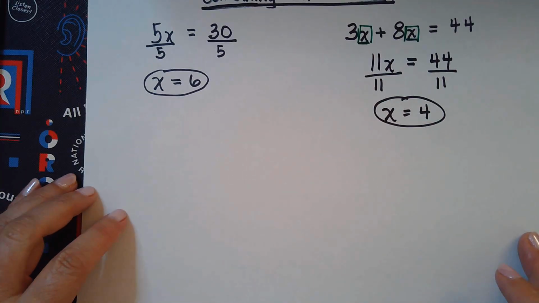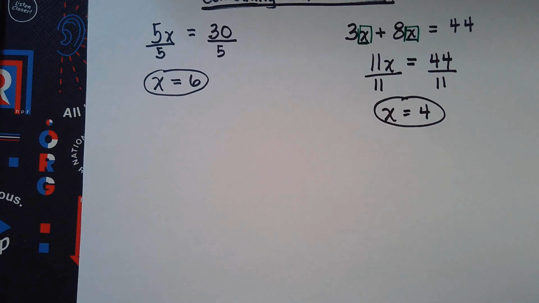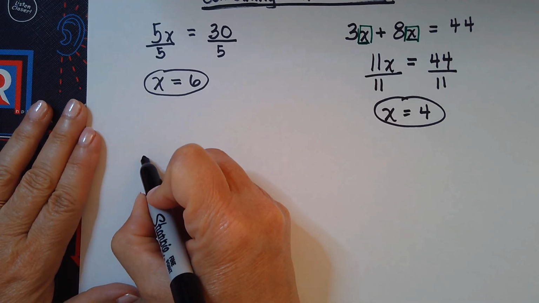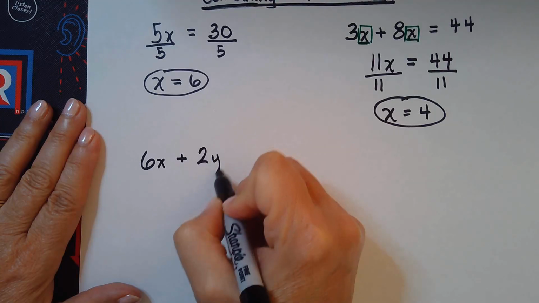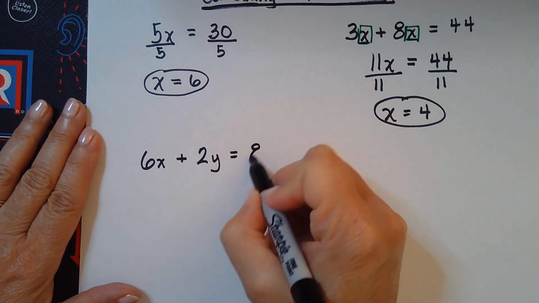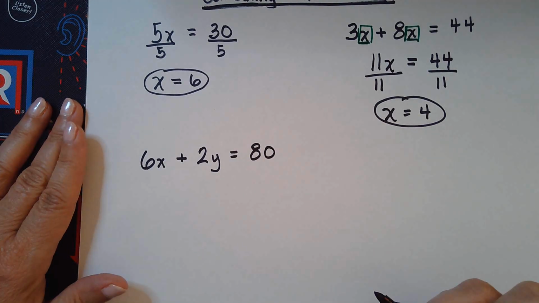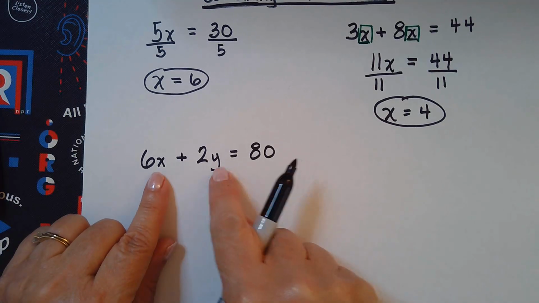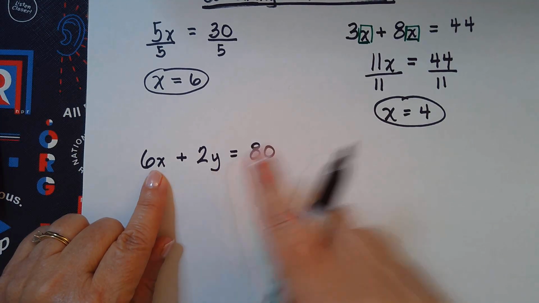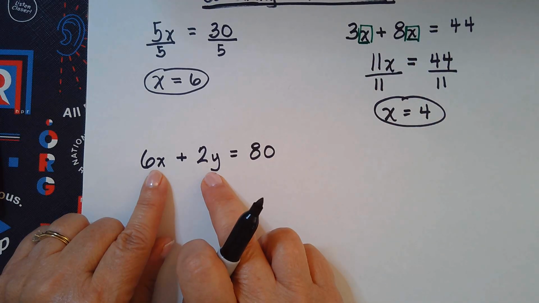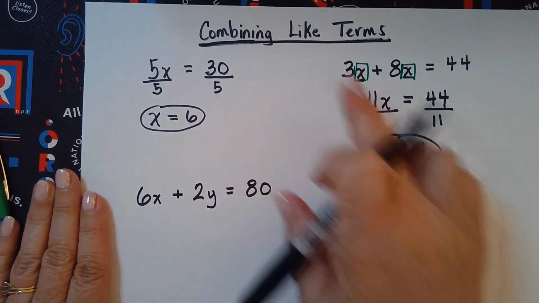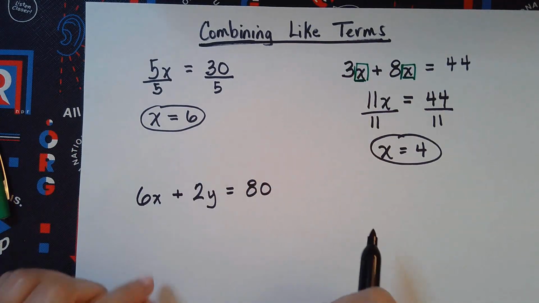All right, great. What about this problem, though? What about if I had 6x plus 2y equals 80? Now what? Well, you see that we have two variables here, just like we did up here. But here the variables are not the same. They are not like terms.